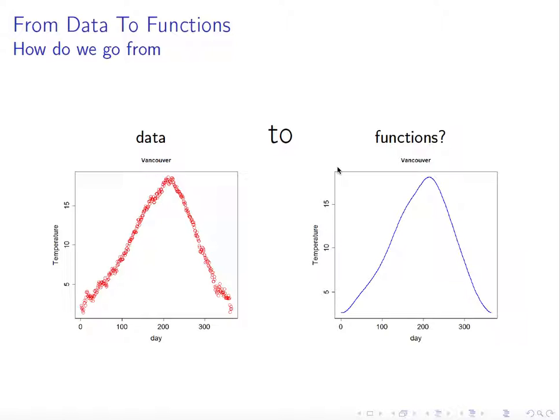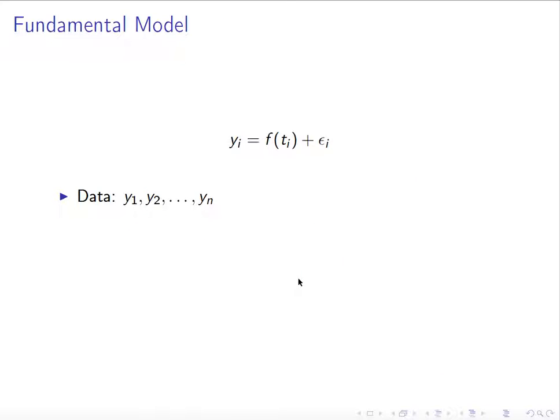Okay, so now let's learn how we can estimate the coefficients of the basis functions. Here is the model we use. Suppose we have some observations y1 to yn at time points t1 to tn, and yi is equal to a function f of ti plus some random or measurement error epsilon i.